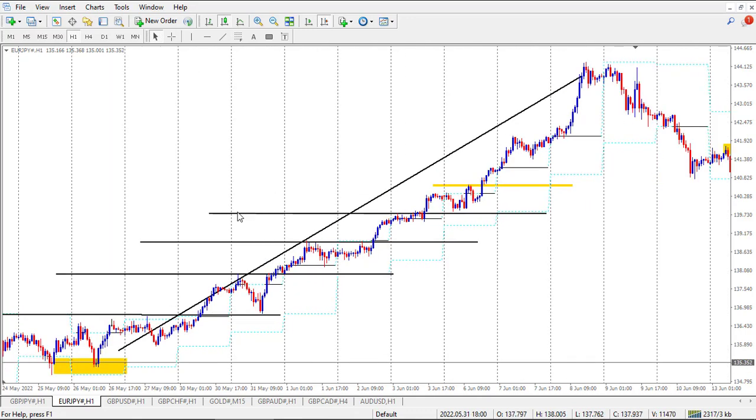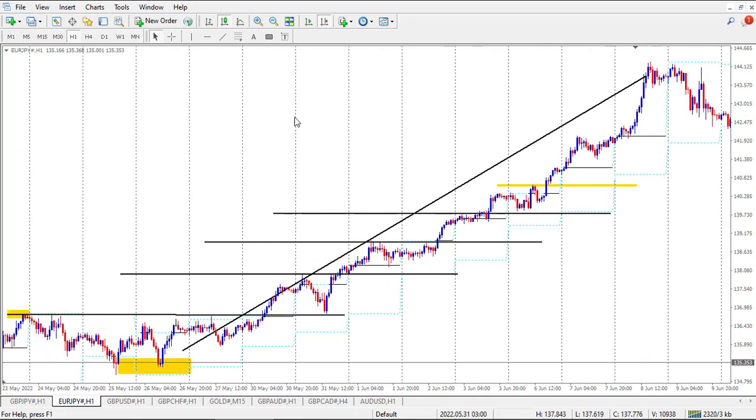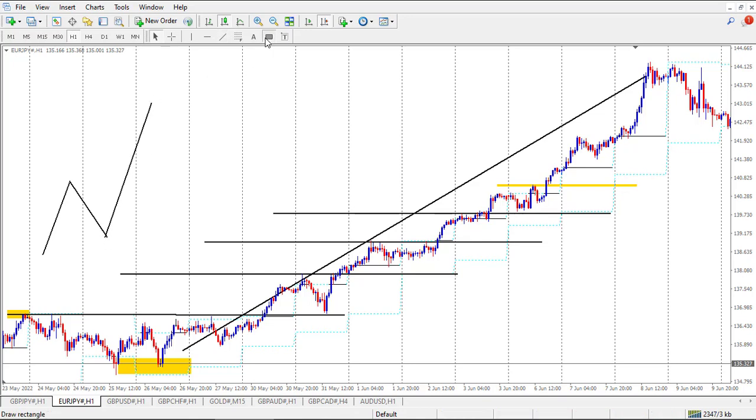So when JPY pairs move, let me just say JPY crosses, they move like this. They follow this pattern where they retest an order block like this in this area. On the next move, they are not going to retest that order block because they are trending.